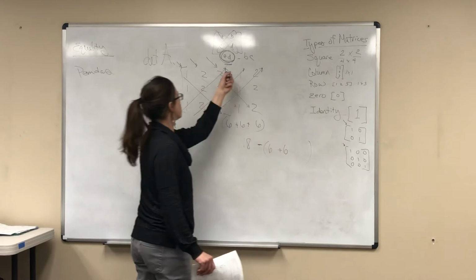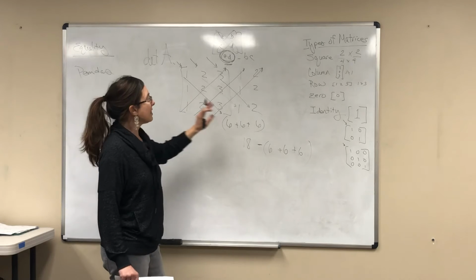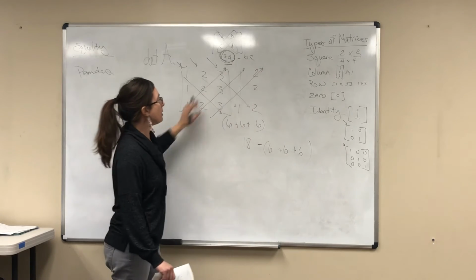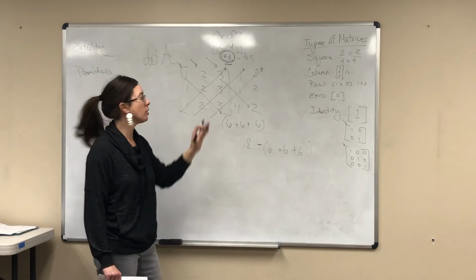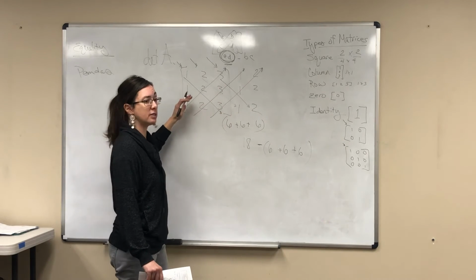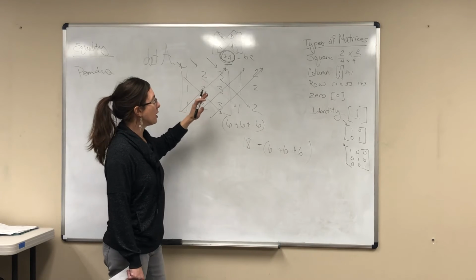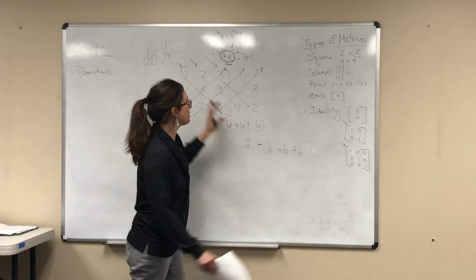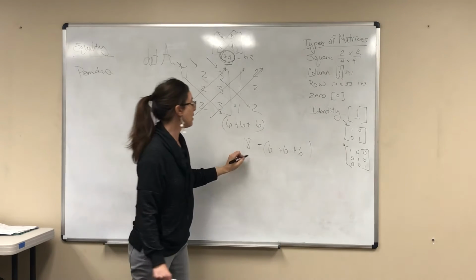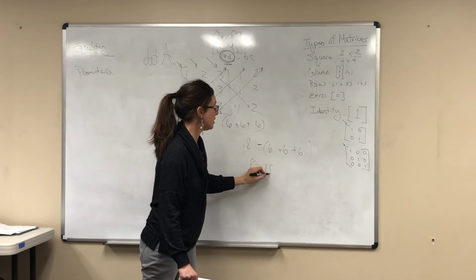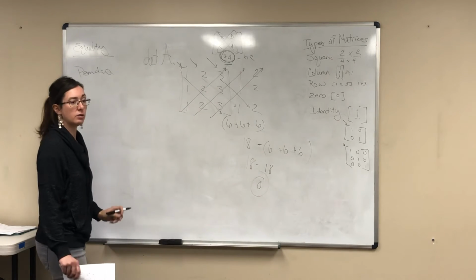Plus 6. Plus 6. Okay? The thing that can get confusing when you're coming back is to start to subtract each one. You are not subtracting each of these numbers. Technically you are, but you are subtracting what they are as a group. Okay? So now I have 18 minus 18, 0. The determinant of this is 0.